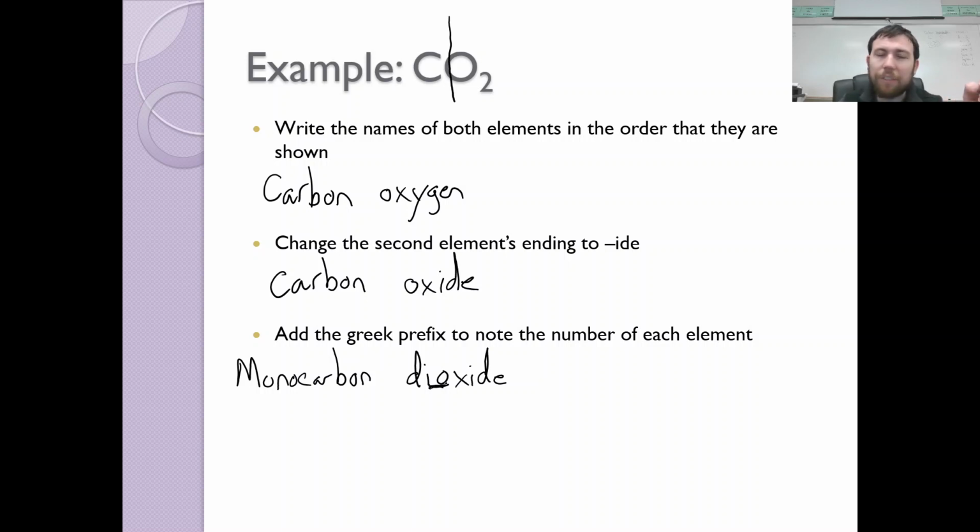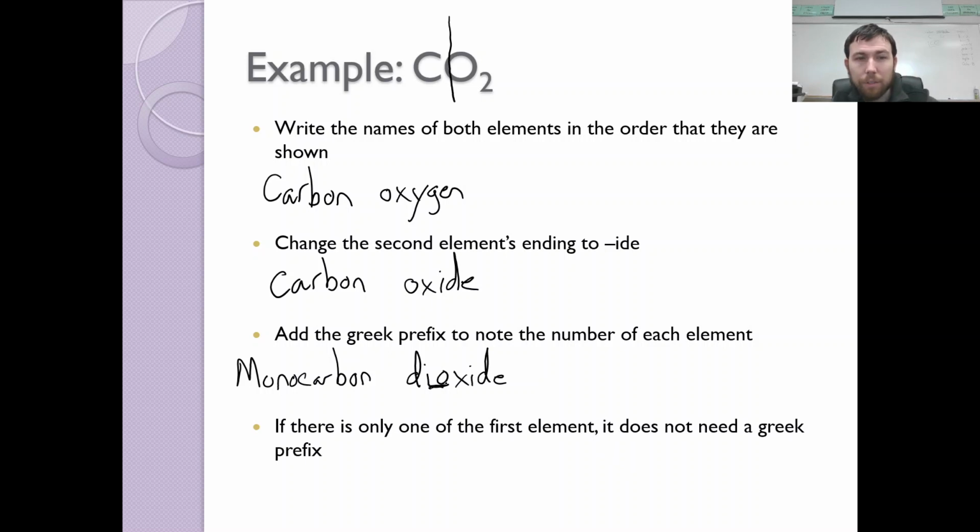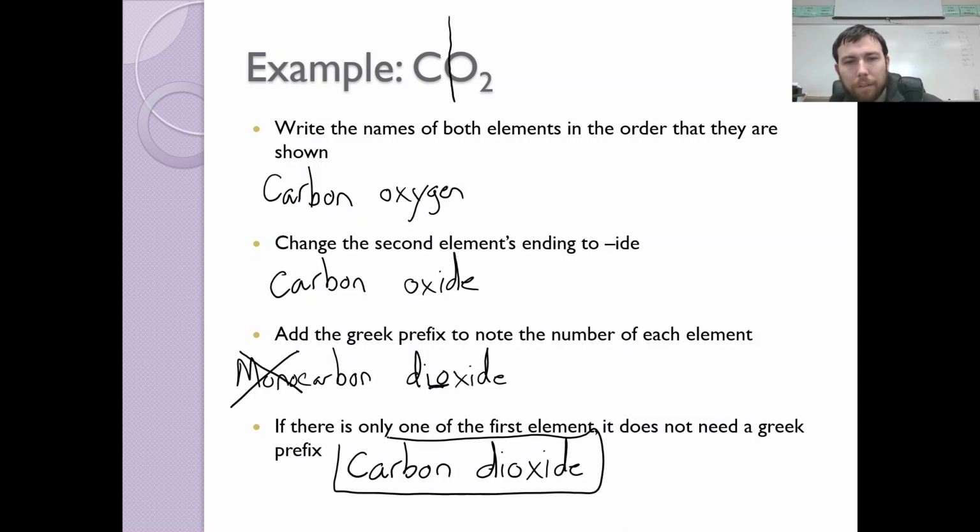It's when your prefix ends in an A or an O, right? So monocarbon dioxide. And then the last step, since there's one carbon, we don't need the prefix mono. And so now this simply becomes carbon dioxide. That would be the correct name for that particular chemical formula.